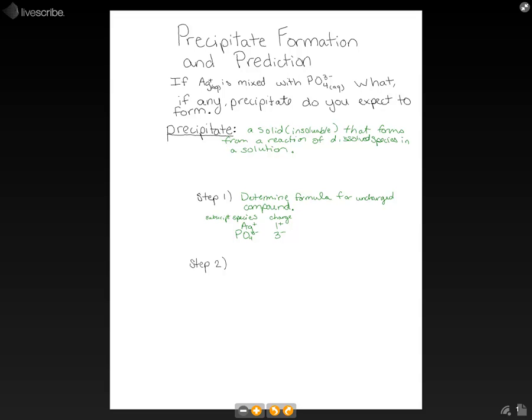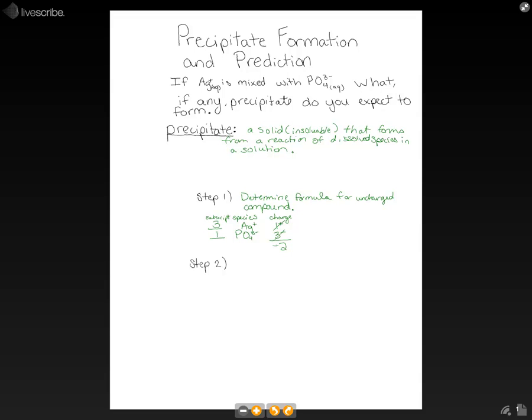Now, we know we want a neutral charge, so we want our charges to add up to 0, but right now it adds up to -2. So we need to change subscripts so that we get 0. Looking at this, we see that we need a +3 to match the -3. So if we put a 3 here and leave a 1 here, we're just going to rewrite our charges.